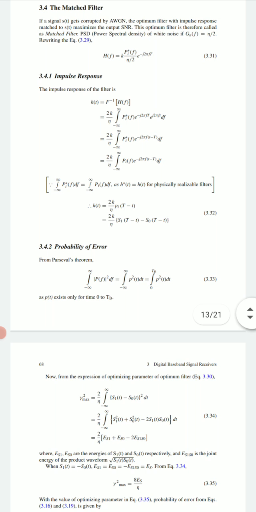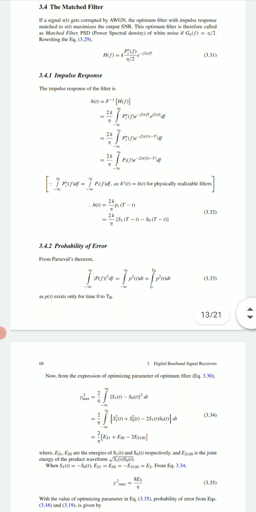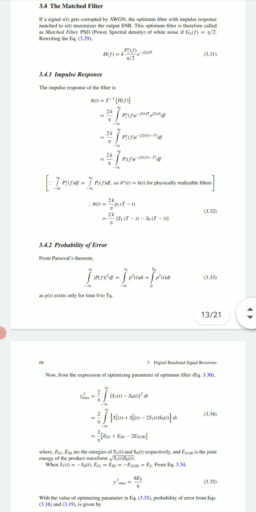So we take 2k upon eta, integration from minus infinity to infinity of P star(f) into e to the power minus j 2 pi f T, e to the power j 2 pi f t df. That becomes 2k upon eta into the integration of P(f) into e to the power minus j 2 pi f (T minus t) df.